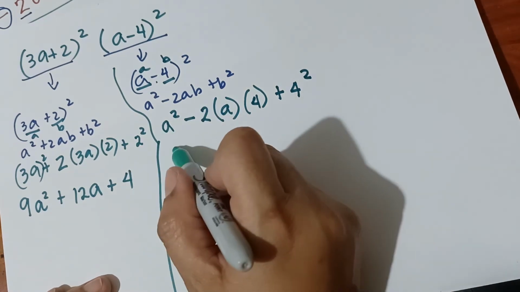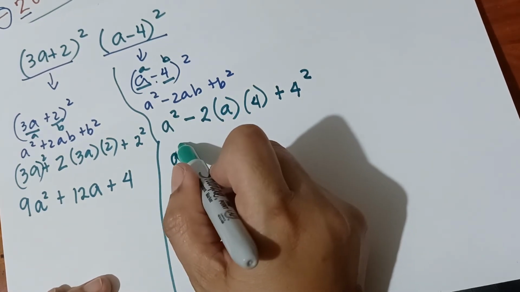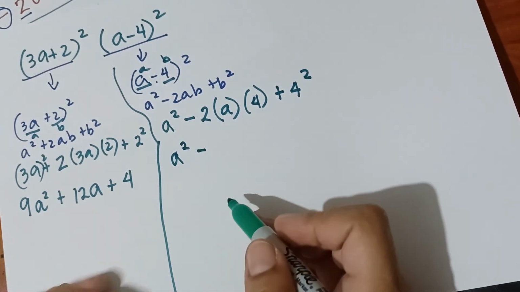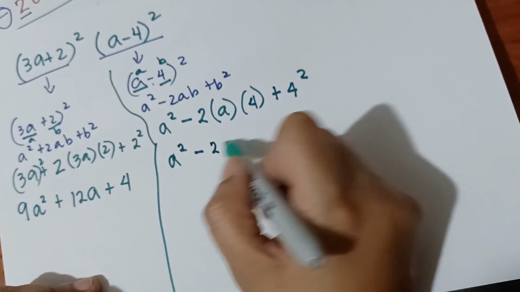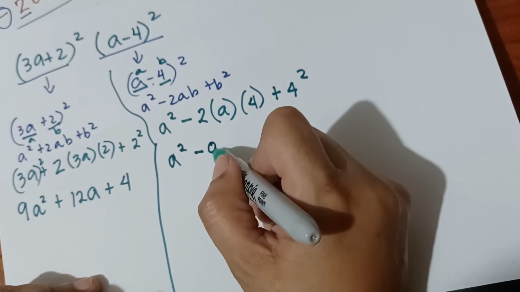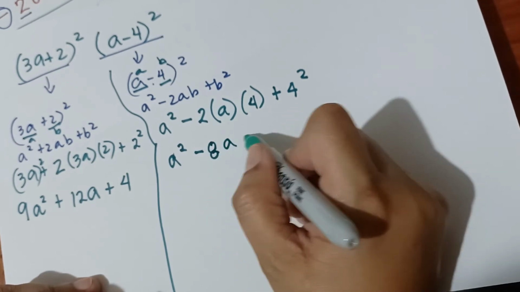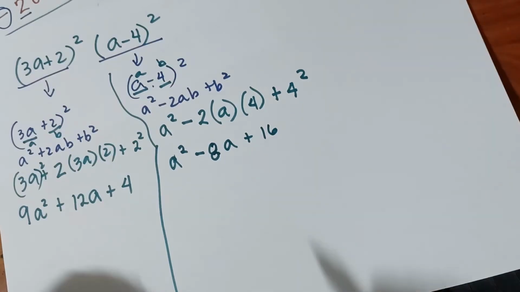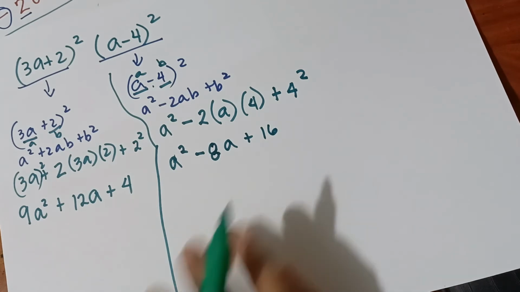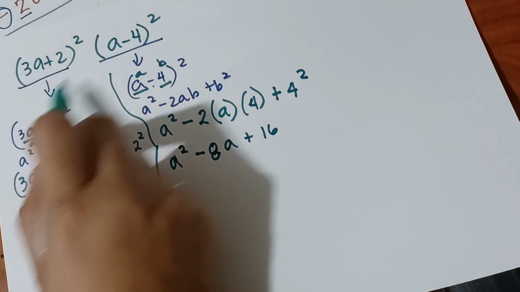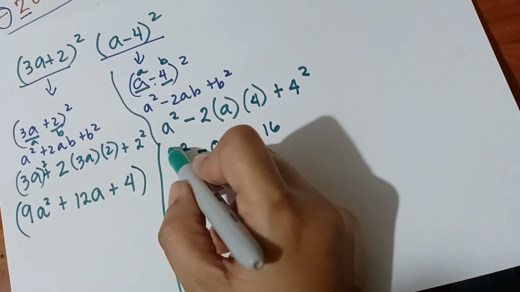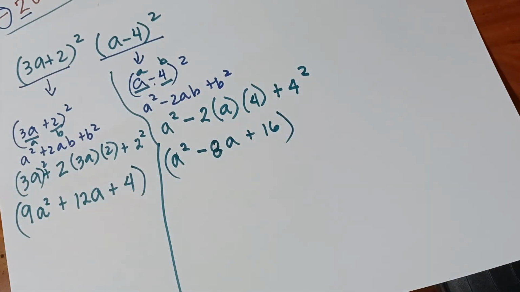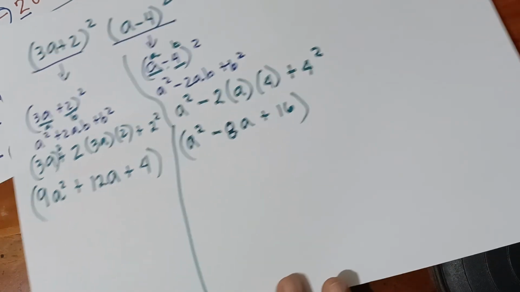So, rewriting it, we're going to get a squared less 2 times 4 is 8a plus 16. Okay. So, after that, what will you do now? Since the operation is multiplication, it means you will multiply these two. Okay? So, doing that, we get a long equation there.